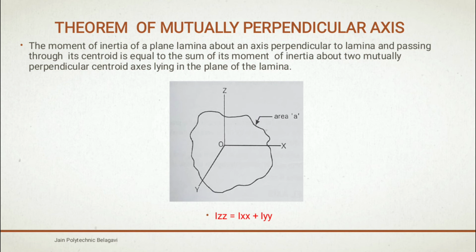The plane section is that lamina in the figure. So these are the moments of inertia of a plane section about two perpendicular axes meeting at O.